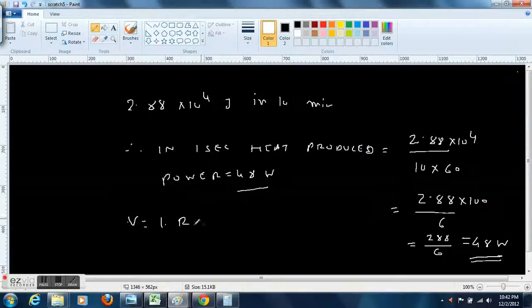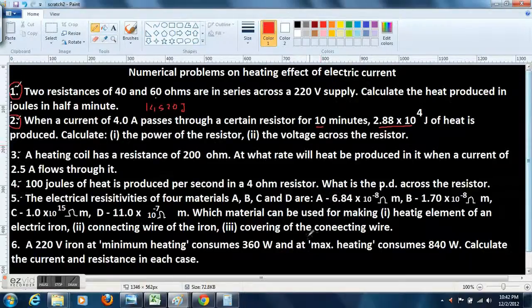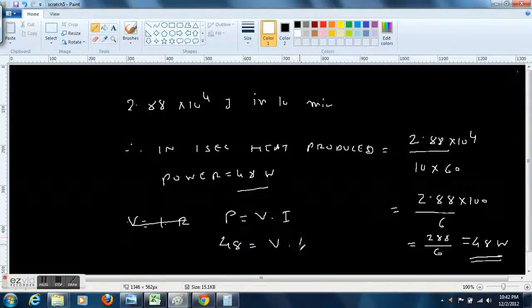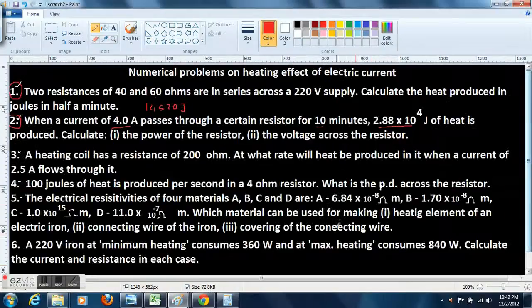We know the power P. Therefore, we will use the formula P equal to V into I. So power is 48. 48 equal to V multiplied by I. We know the value of I. It is 4 ampere. So 48 equal to V into 4. Therefore, V equal to 48 upon 4, that is 12 volt. So remember, formula should not be V equal to IR. Formula used should be P equal to V into I. So let us write the answer. First answer is 48 watt. Second answer is 12 volt.